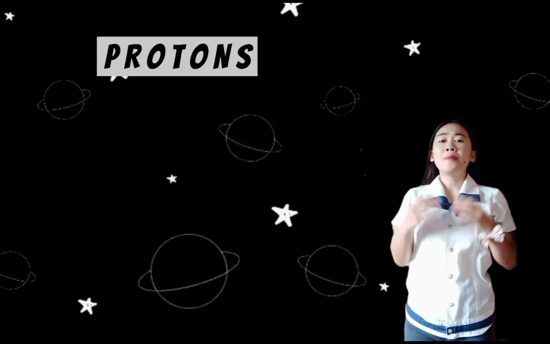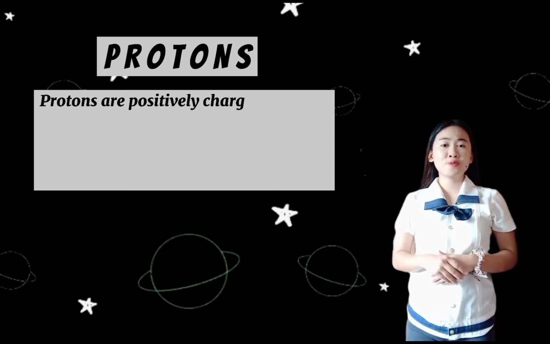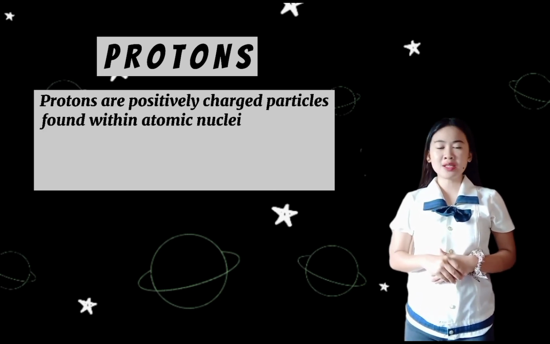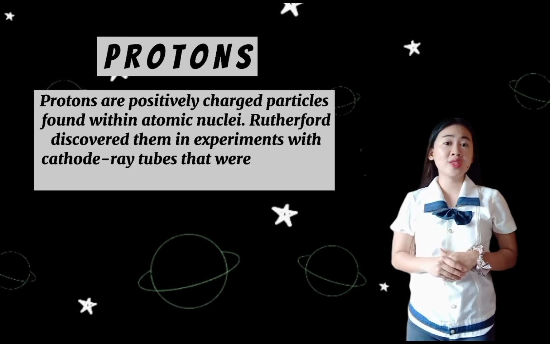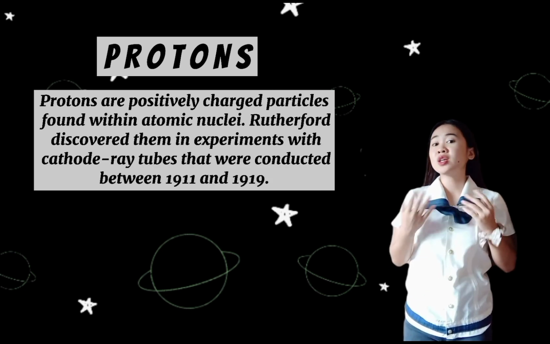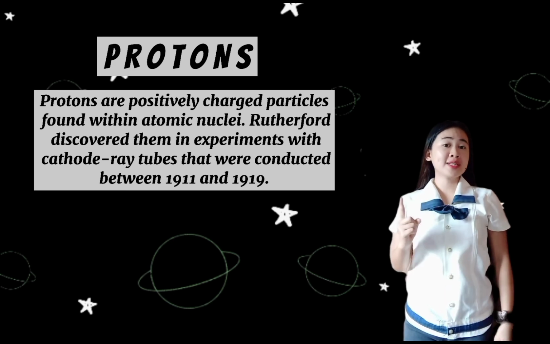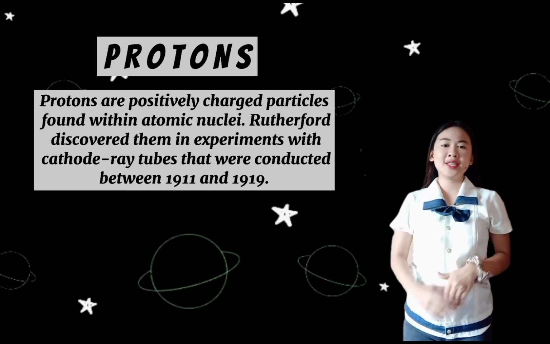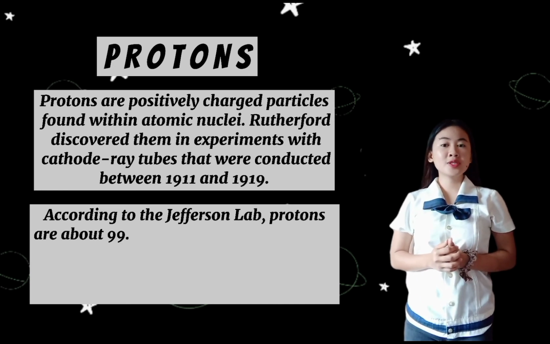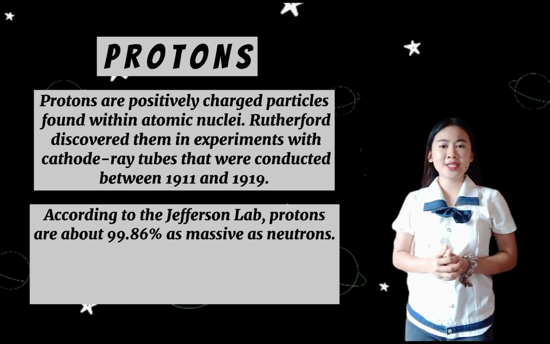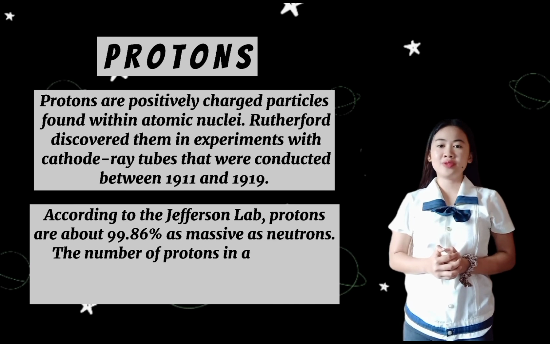Protons. Protons are positively charged particles found within atomic nuclei. Rutherford discovered them in experiments with cathode ray tubes that were conducted between 1911 and 1919. According to Jefferson Lab, protons are about 99.86% as massive as neutrons.